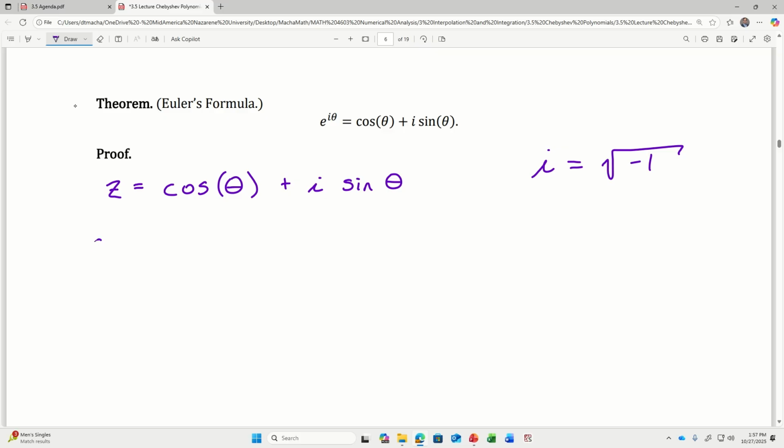And then I ask, what would be the derivative of z with respect to theta, as I've defined it in this formula? What's the derivative of cosine? Negative sine. What's the derivative of sine? Cosine.